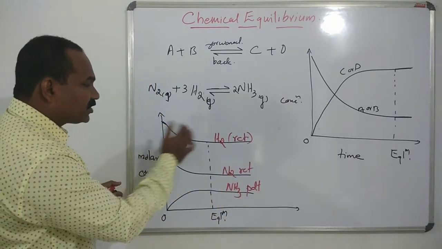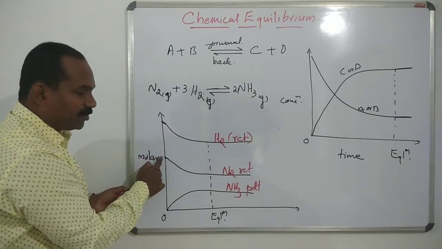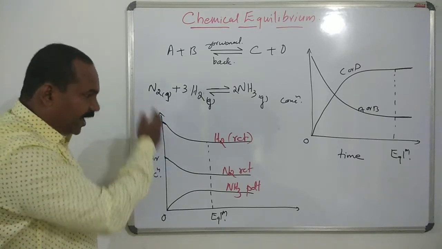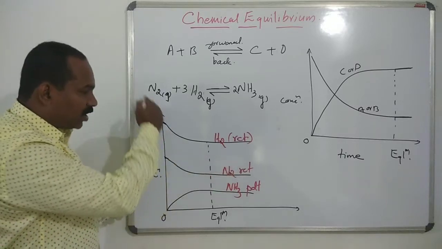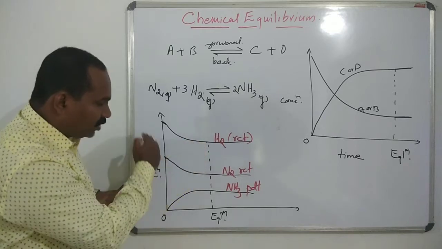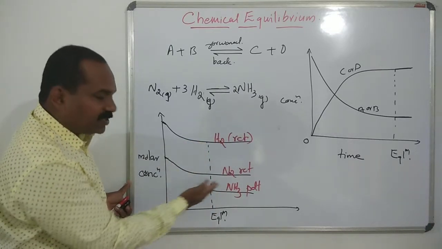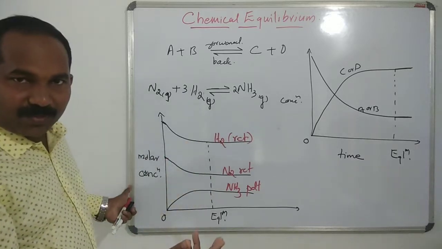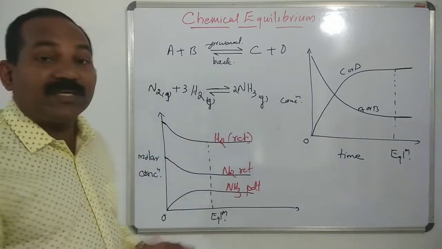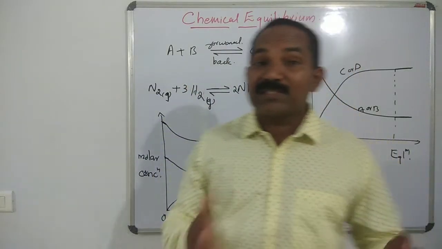Initially the concentration of reactants is maximum. When time passes, the concentration of reactants decreases, and the product increases. After some time, the concentrations of reactants and products don't change.